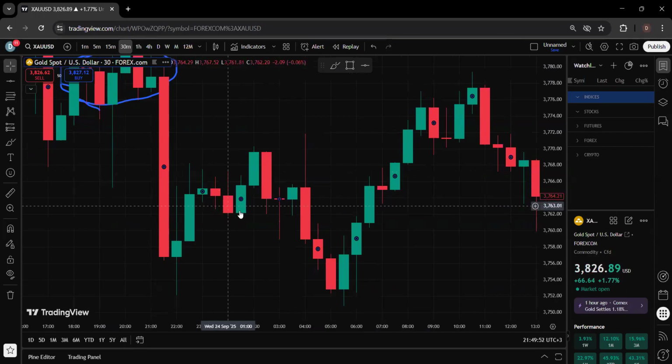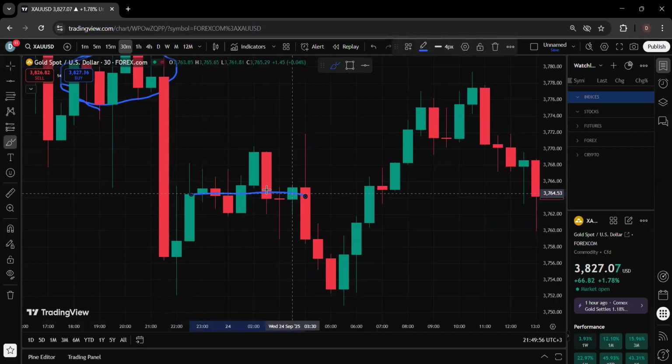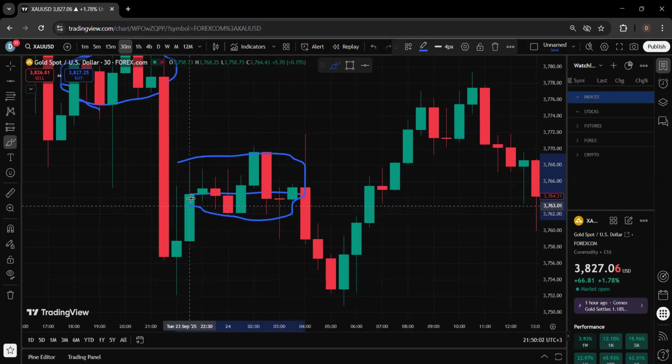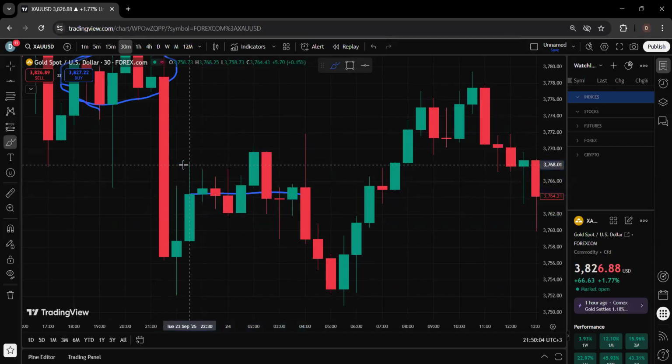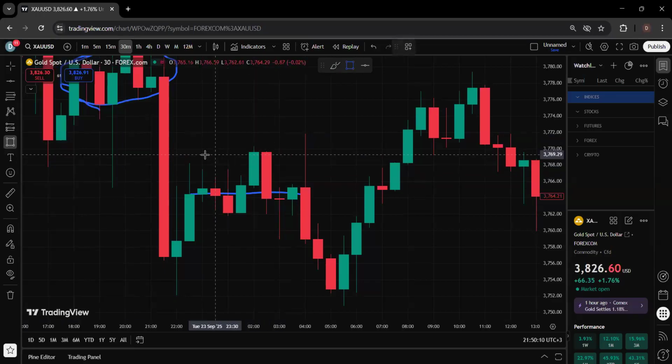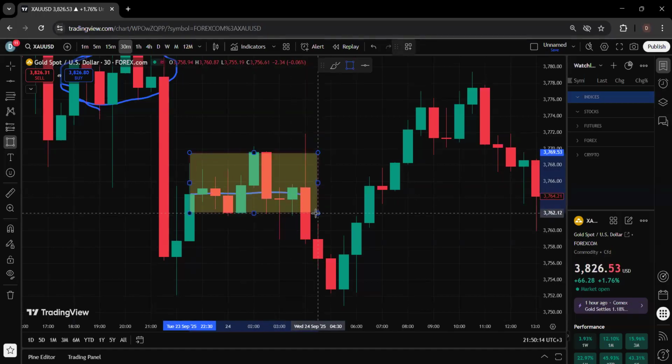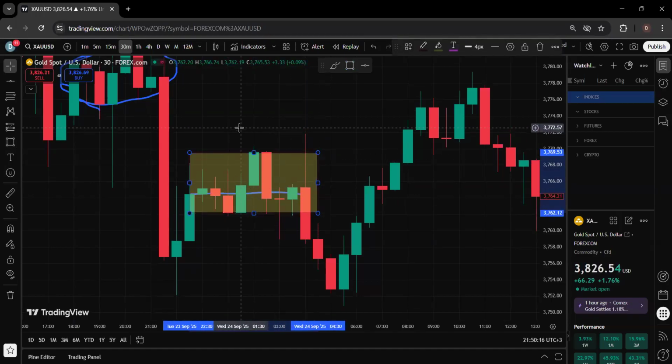You can see the market is here, just within a straight line within this region. So I could have drawn this entire region from here to this area. Remember, we are focusing on the wicks, not on the body. If I want, I can just use a rectangle like this, then I draw this upper side and this lower side. Then I can call that a consolidation.